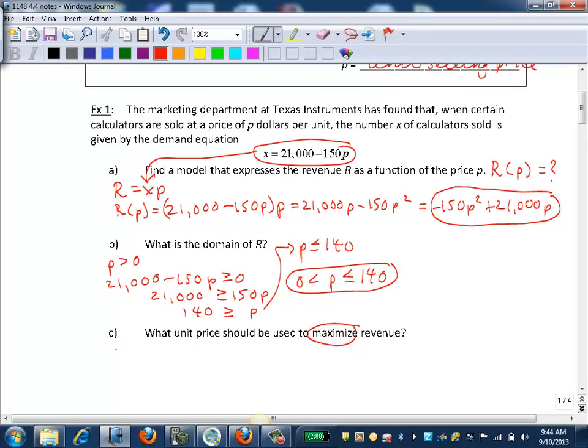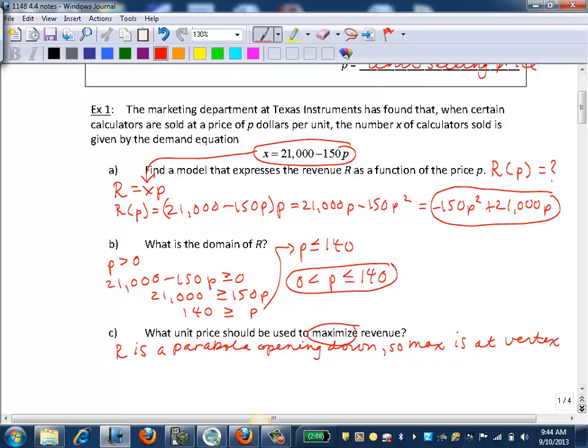So since the revenue function, R, is a parabola opening down, that means the max is at the vertex. So we can just find the vertex.